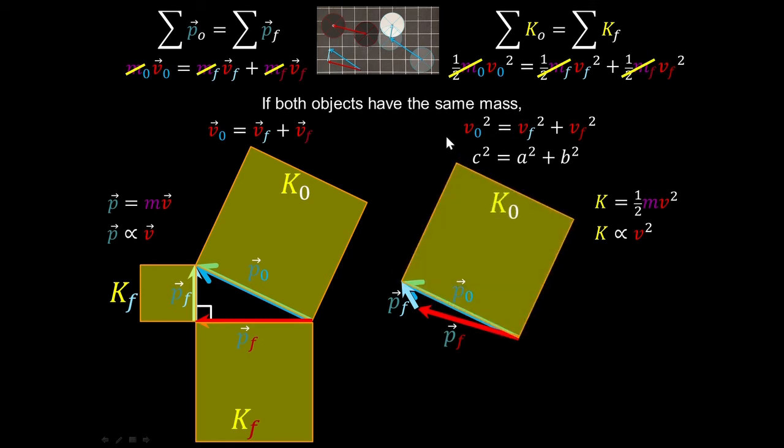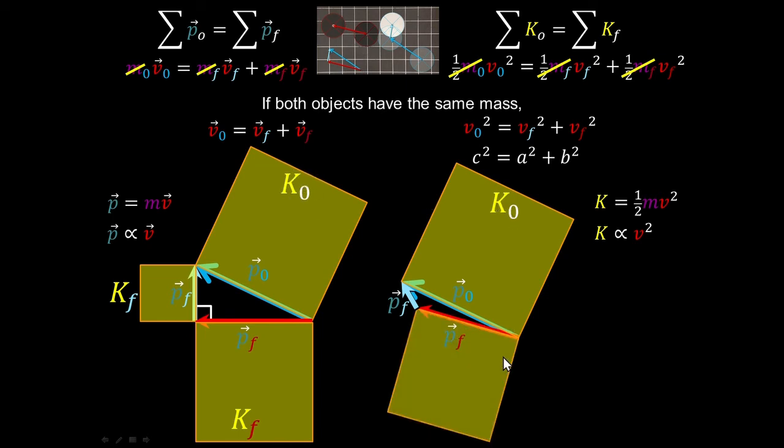But if you take that velocity and square it, that's the kinetic energy, same as in this case. But here, this velocity squared, proportional to its kinetic energy afterwards, is a smaller square than this, and this is going to be a smaller square than that. So even though momentum was conserved before and after, the total kinetic energy after would have been less than what it was before. Here, they were equal to what it was before.